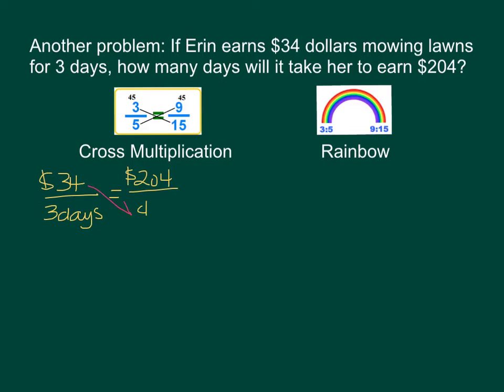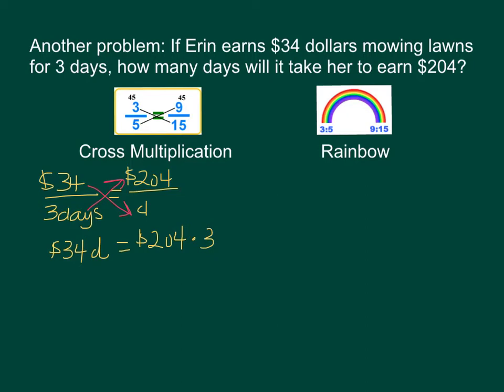So when we cross multiply here, we're going to end up multiplying 34 times the days, and that will equal 204 times 3.